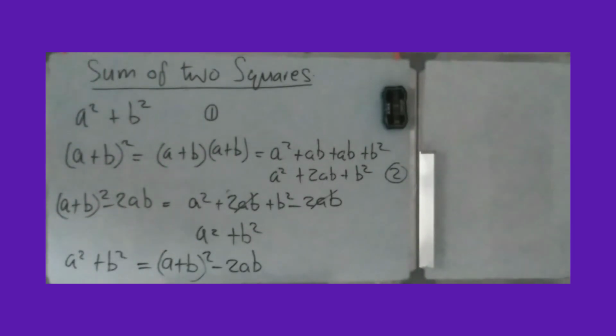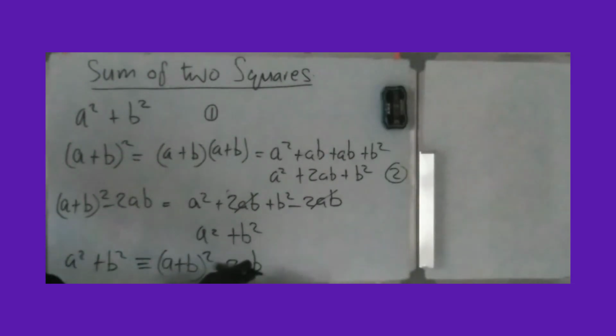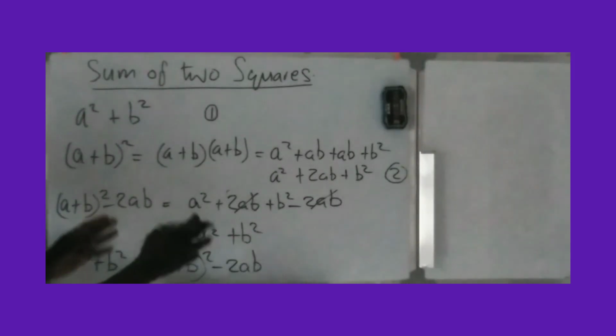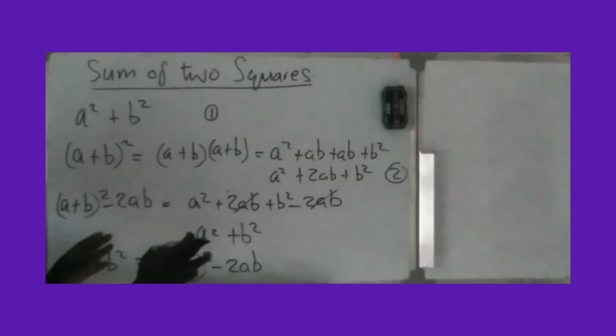In mathematics, we actually write this not as an equal, but as an identity sign. So a squared plus b squared is identical to a plus b squared minus 2ab. Identical means no matter what value a or b takes, what is on the left hand side is always equal to what is on the right hand side.